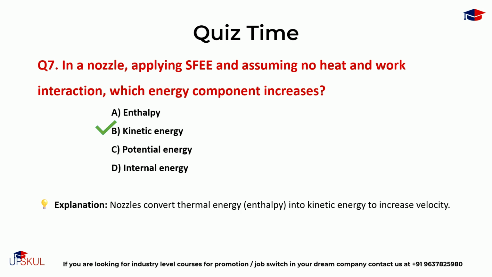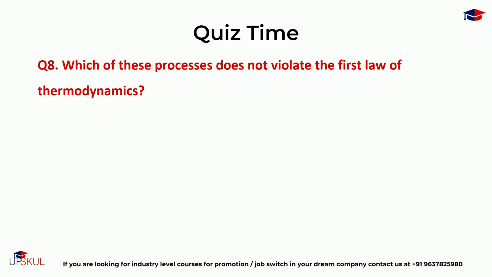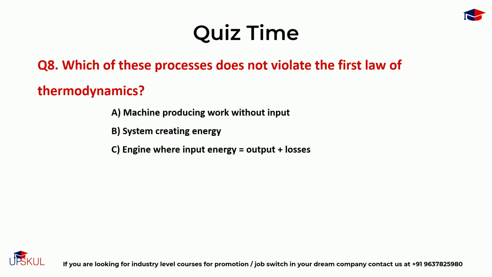Question 8. Which of these processes do not violate the first law of thermodynamics? A. Machine producing work without input. B. System creating energy. C. Energy where input energy equals output plus losses. And D. Refrigerator with zero power input extracting heat.